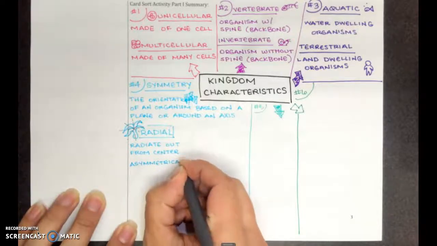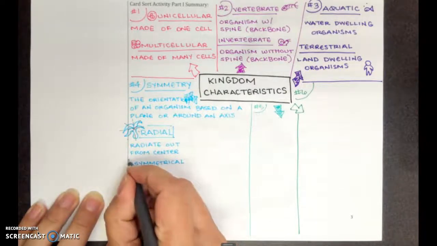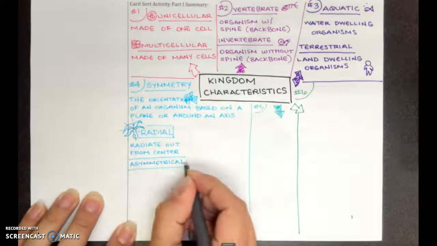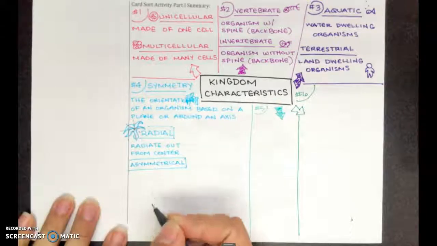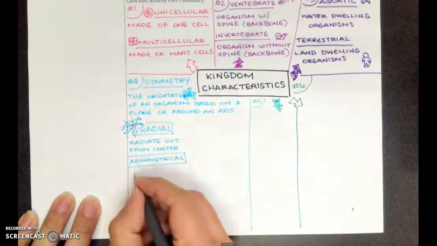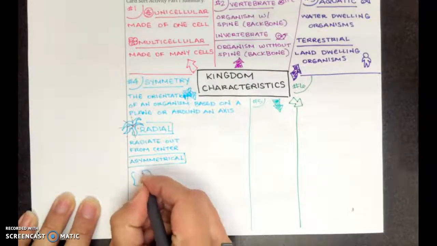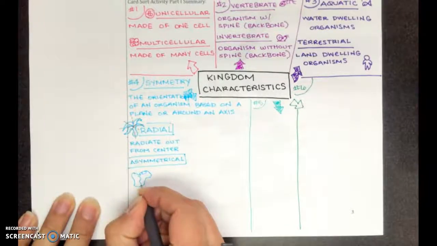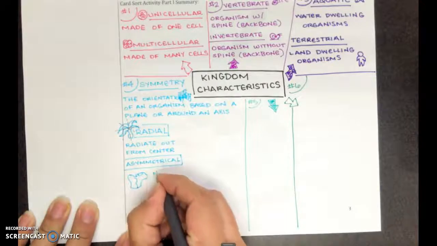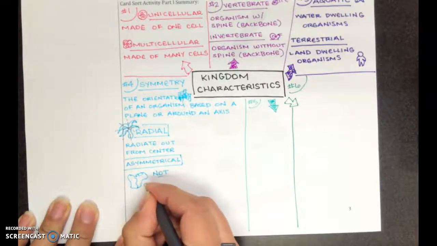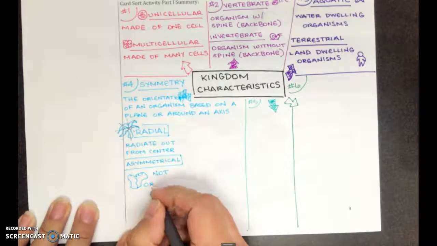And you may or may not be familiar with this idea. Anytime you put the letter A in front of something, it means not, without, against. So against or without symmetry. So the idea here is that maybe we have something like the sponge that is not oriented along an axis.